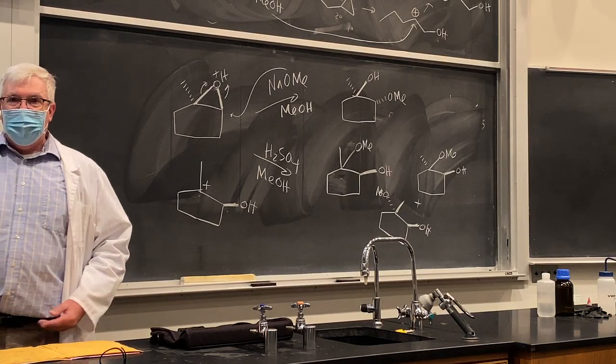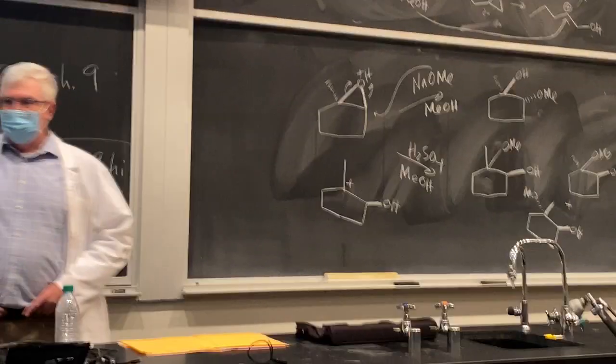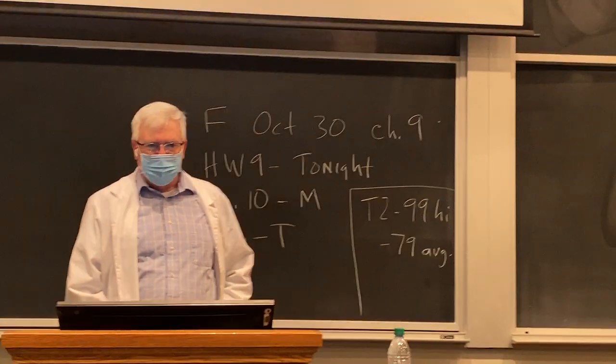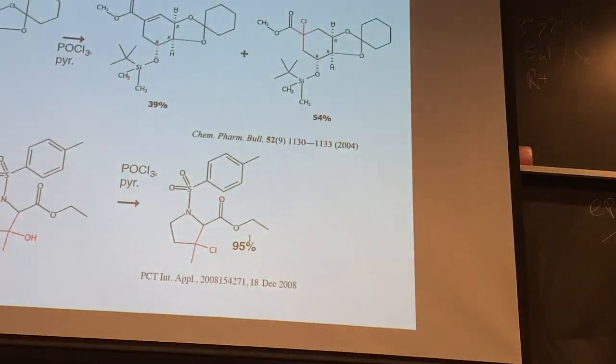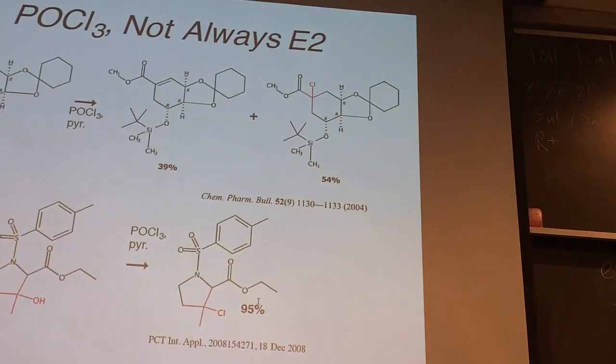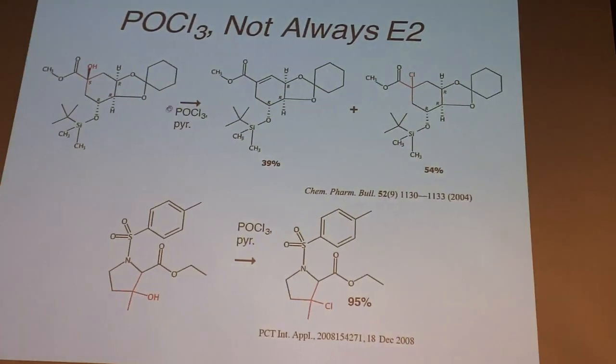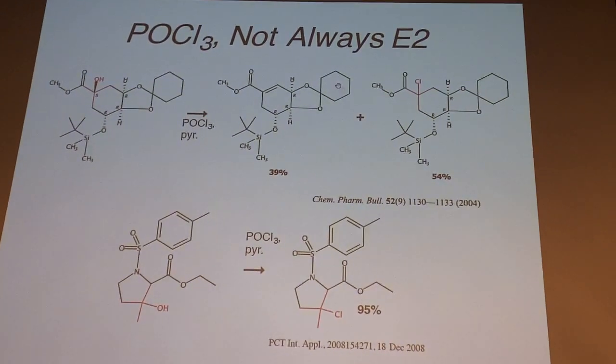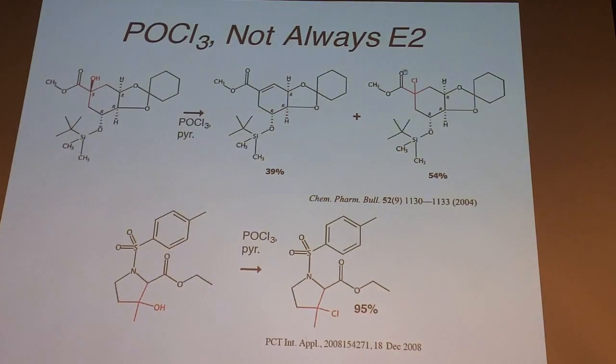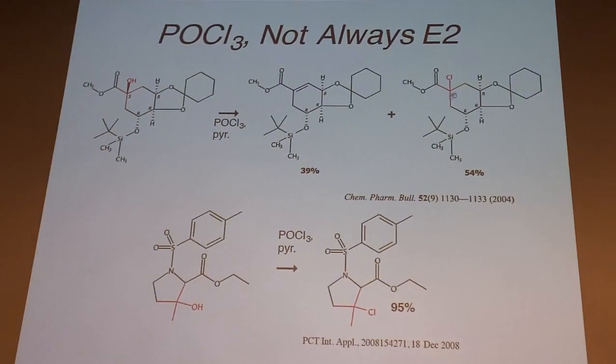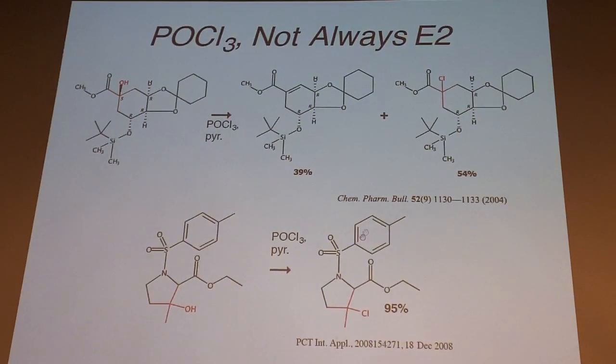Let's go to the overheads again here. I think we got a minute, couple minutes. POCl3 doesn't always do eliminations. Here's our dehydration conditions. And in this case, actually, this tertiary alcohol, tertiary chloride, turns out to be a major one. Sometimes it's mixtures, and actually POCl3 is best for secondary alcohols.